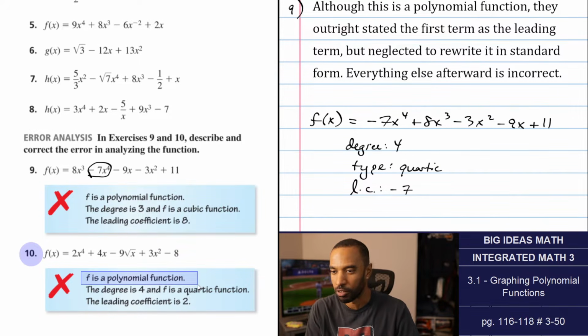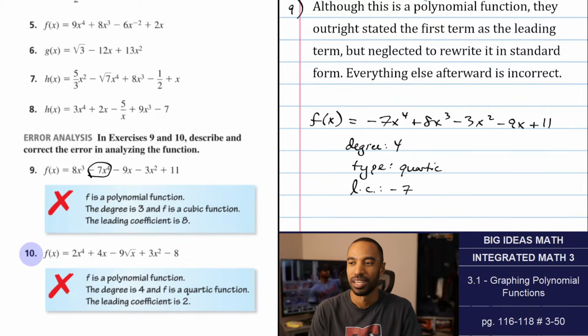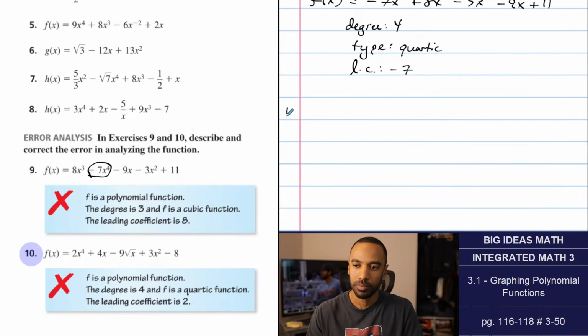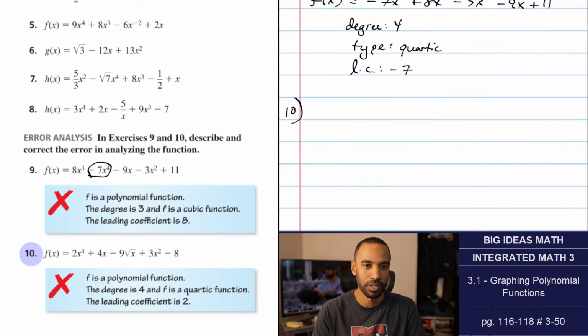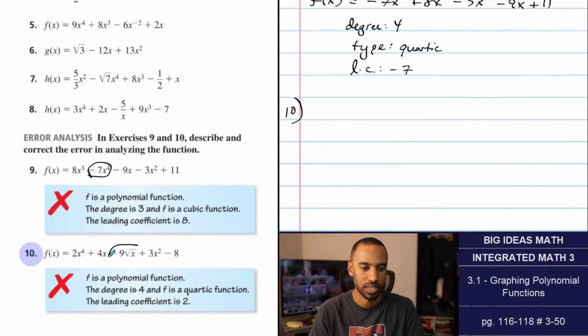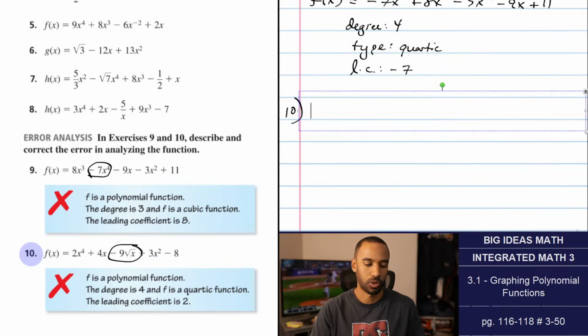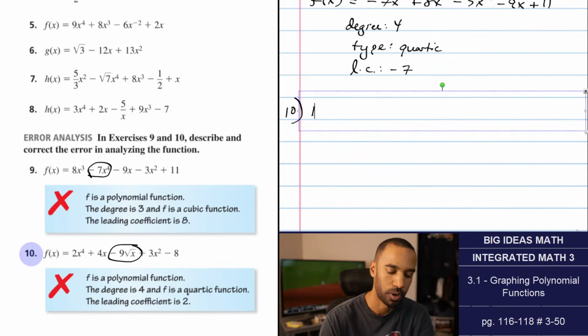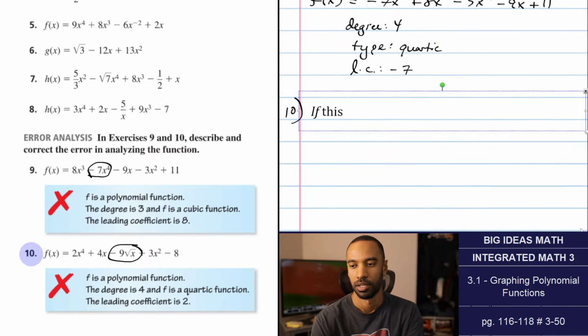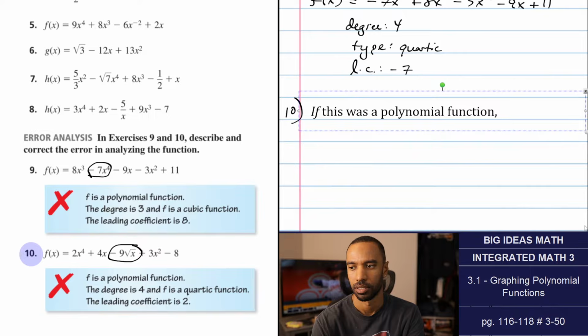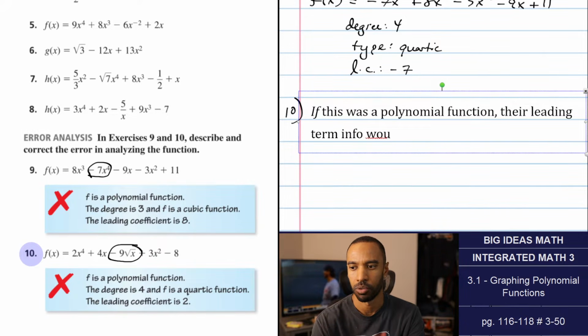Here's the problem. They said it's a polynomial function, but it's not. On number 10, there's a term that's breaking it, and you can tell which one it is, I'm sure. It's this guy right here, and I'll explain why. Now this time they have everything else correct. If this was a polynomial function, their leading term info would have been correct.